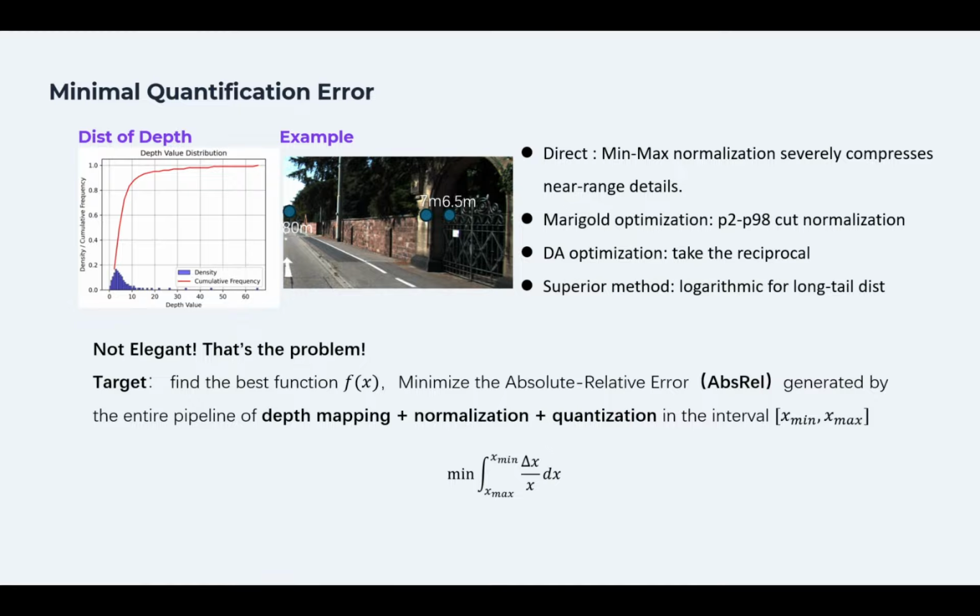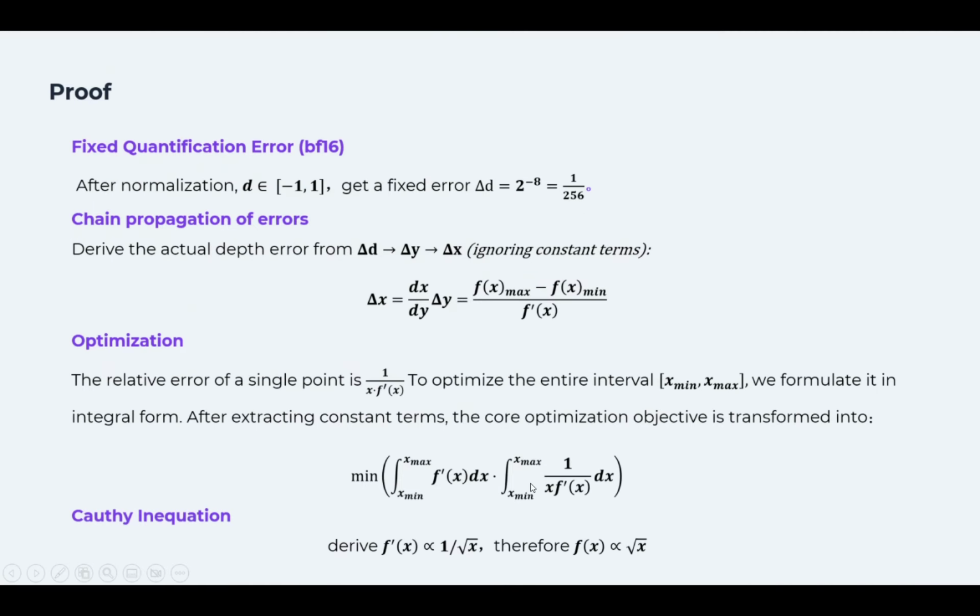Our target is to find the best function f(x) which minimizes the absolute relative error, which can be written as abs of real minus generated by the entire pipeline of depth mapping, normalization and quantization, in the interval x from x min to x max, which can be written in the following formula. Here is a proof.